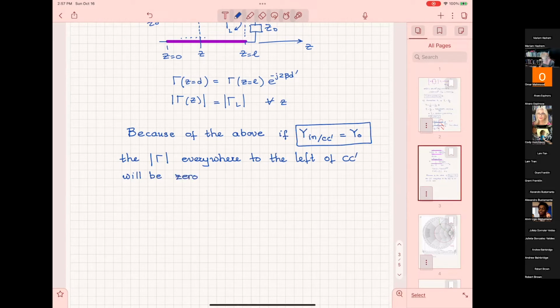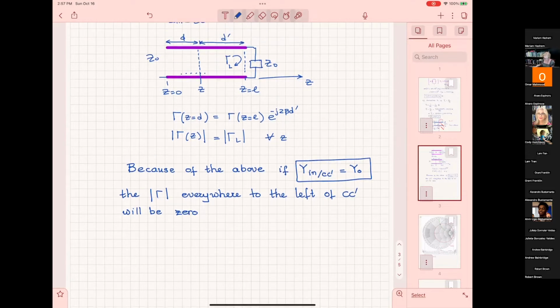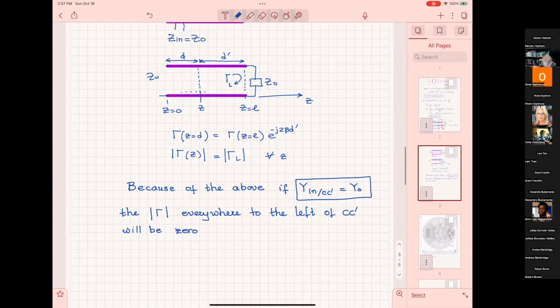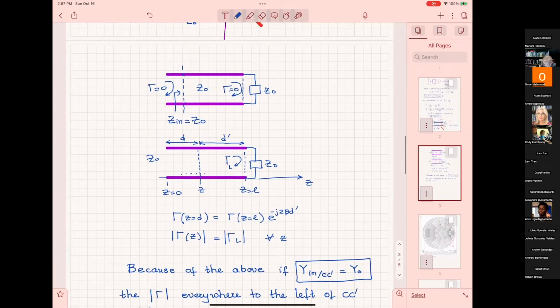Because of that, what is the result of this? If this gamma is 0, that implies that the input impedance here in this line, as I showed it, let's put this one here, is going to be equal to the characteristic impedance of the line.